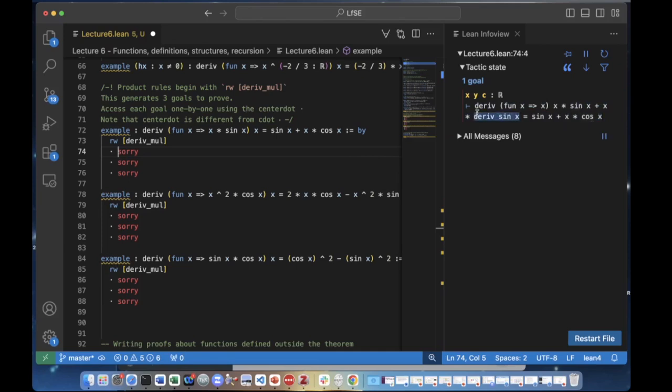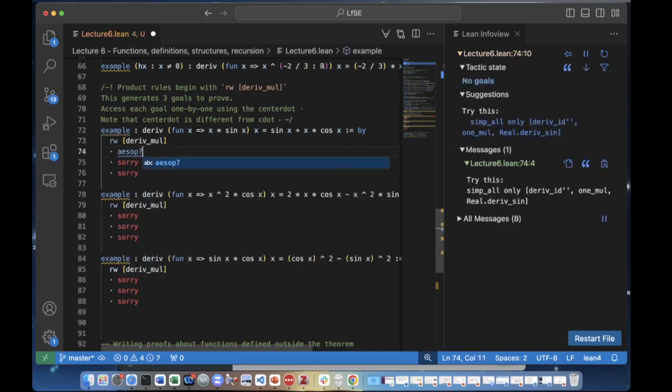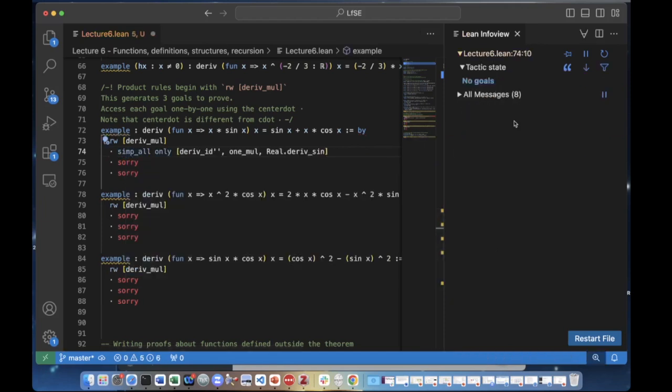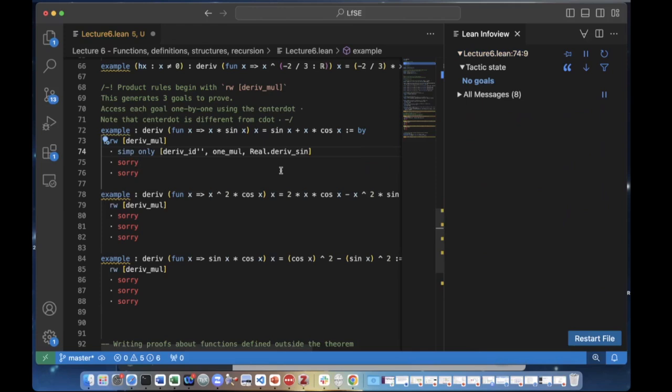So that's my first goal. Any ideas? How do you think I should close this goal? simp only, always worth a try. Let's try simp only, question mark. Here we go. Look at that. We did it. So simp only works. Might as well try simp while we're at it. Can simp do it too? Looks like simp works as well.